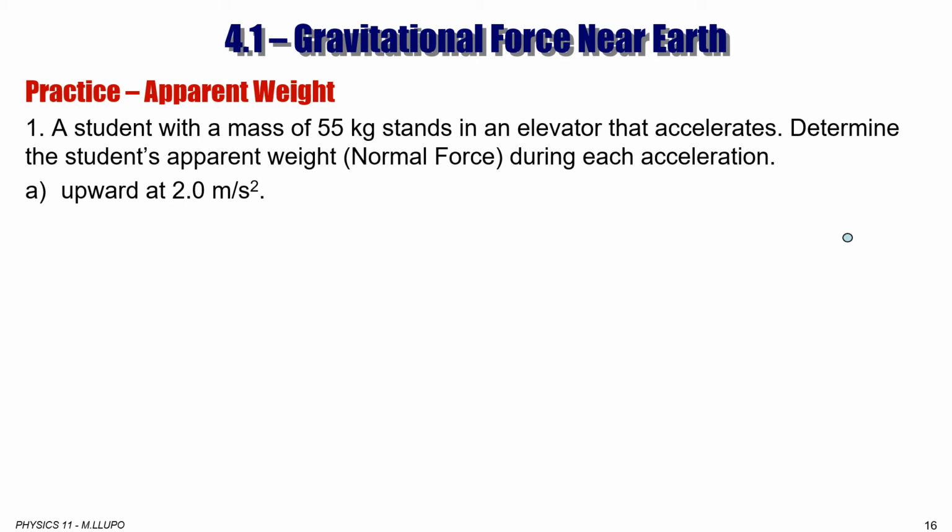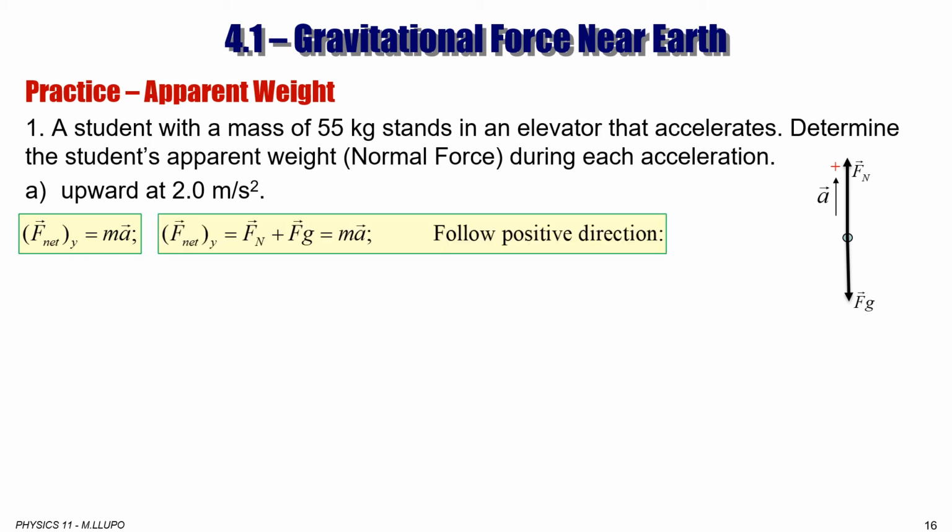Fg and Fn are shown, the acceleration is up, and the positive direction has to be up. It's the y-axis that is accelerating, so F net y is equal to ma. Then F net y is equal to the sum of all forces, we have just 2, equal to ma. Since we have positive up, Fn is positive, Fg is negative.